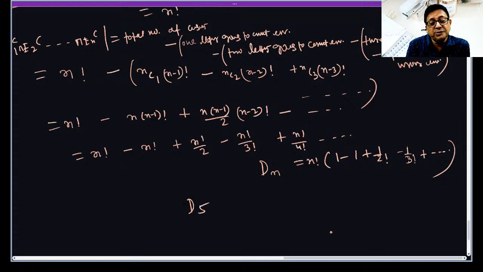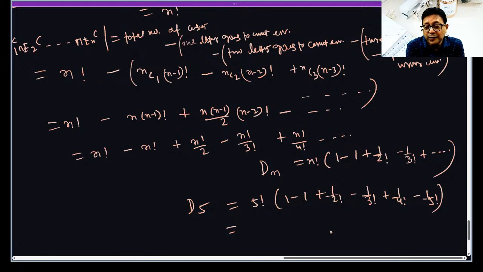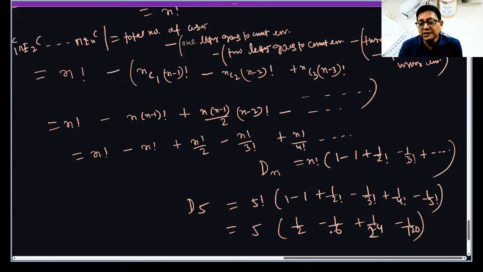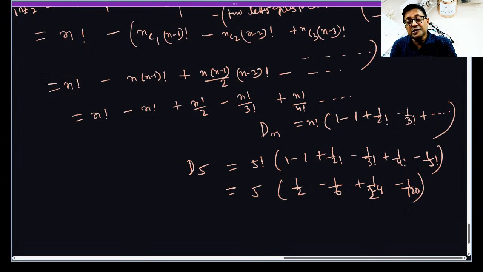For 5 letters it will be, okay. So this thing is going to be what? Factorial 5, 1 by 24, isn't it? So just simplify it.